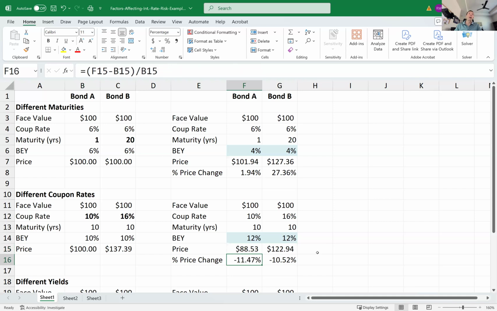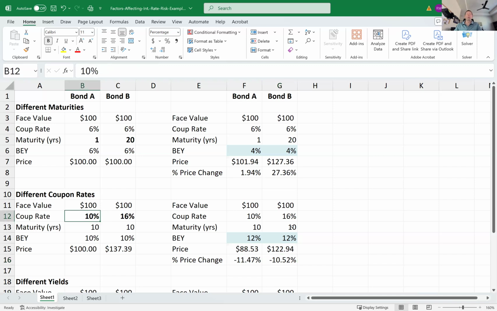That is a drop of 11.47%. Bond B, the price goes down from 137.39 to 122.94. Excuse me, that's a drop of 10.52%. Not a big difference, but it is a difference, okay? Bond A went down by more than bond B did, 11 point something percent compared to 10 point something percent. Why is that? It's because bond A has a lower coupon rate.